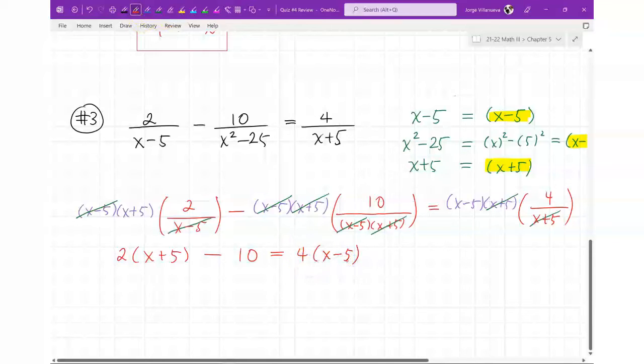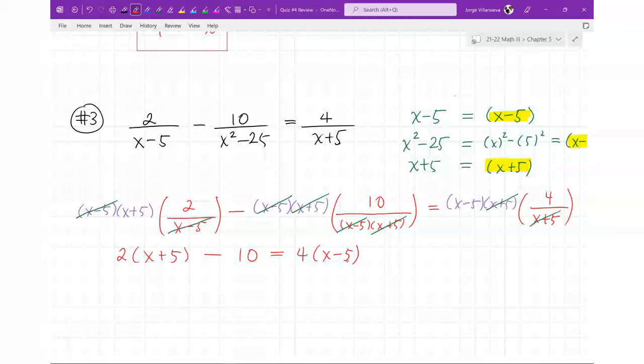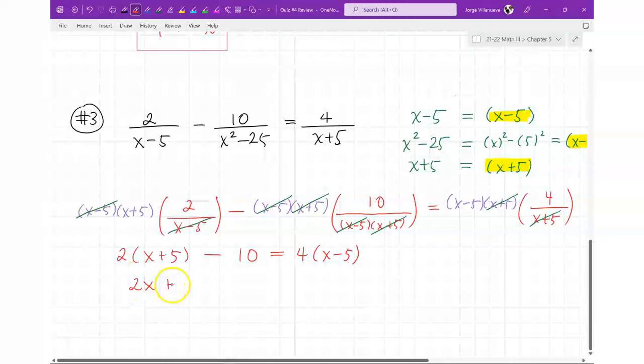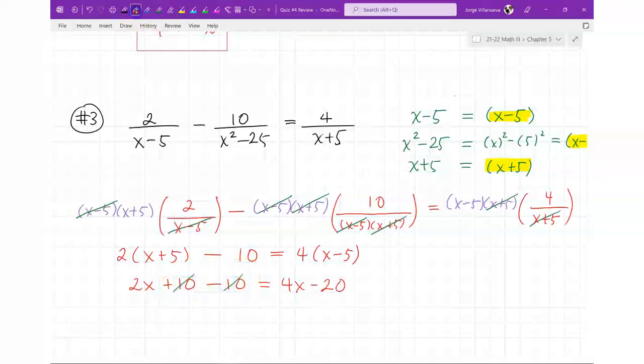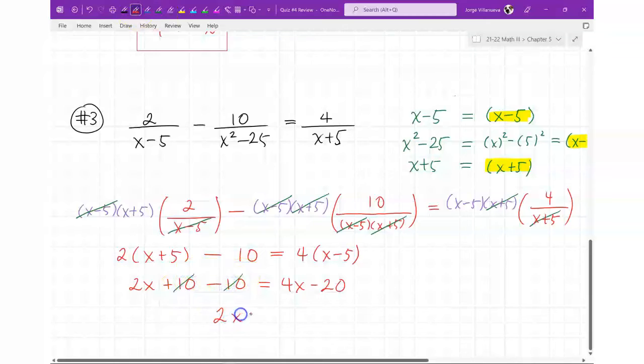So from here, you just have to distribute a little bit and start solving, right? Again, that's just the basic algebra process now. So 2 times x, that's 2x plus 10 minus 10 equals 4x minus 20. Well, 10 minus 10 is 0, right? That's going to cancel, so I'm just going to get rid of them. So 2x equals 4x minus 20.